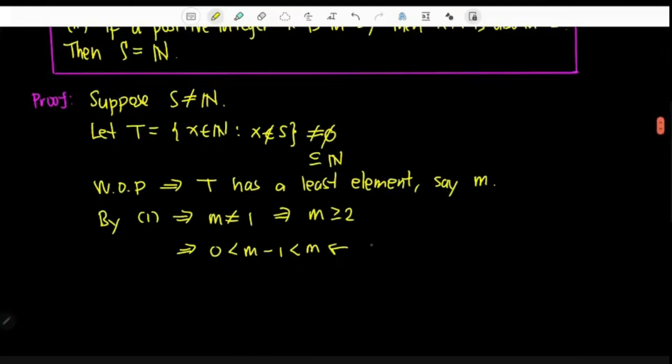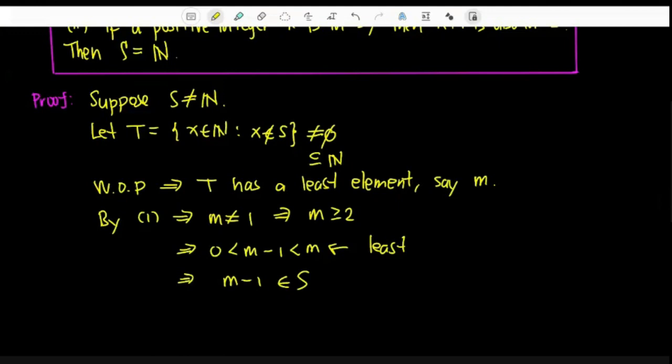So anything smaller than M cannot be in T. So that means M minus 1 must be in S. Because, again, by construction, anything that is not in S is in T, so anything not in T is in S.